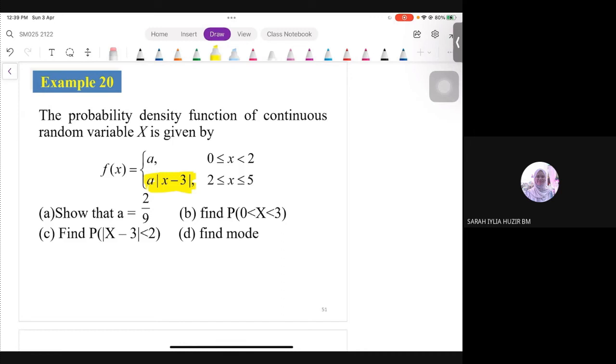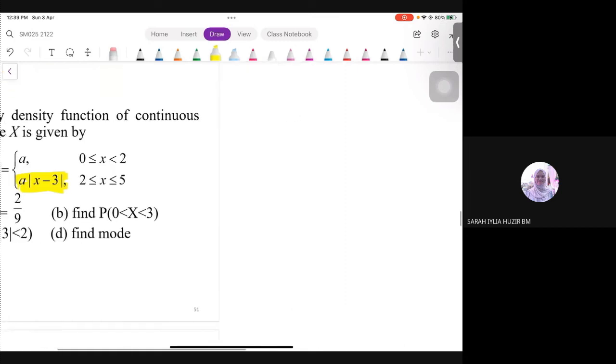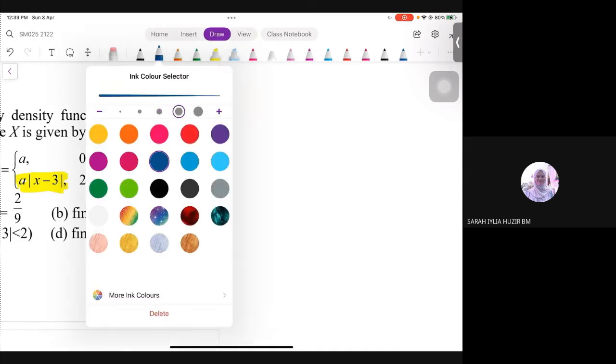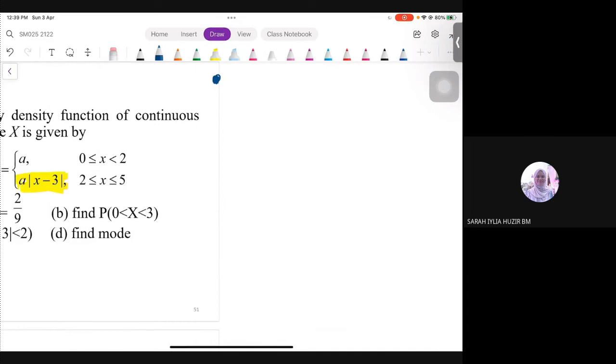Okay, so what do we have to do here is we have to define first the absolute value. Okay, kita kena buka dulu ikut range yang sebenar by using concept of basic definition. You already learned this from previous semester topic 2. Okay, so if we have A times with x minus 3, it's actually, apa tu sebenarnya?